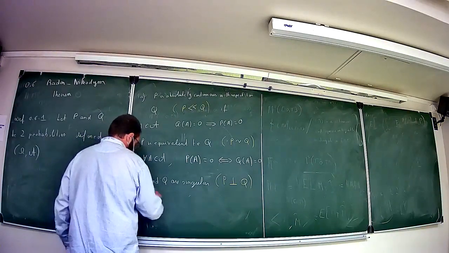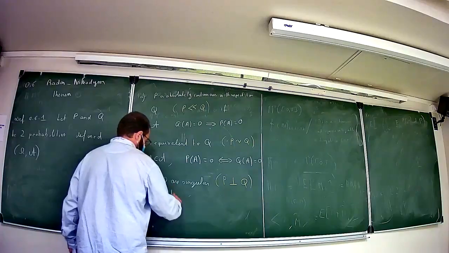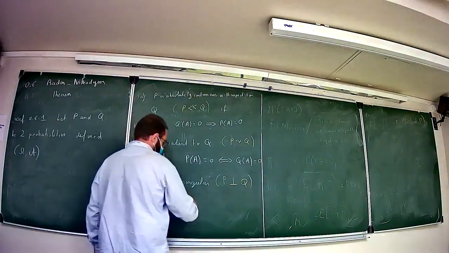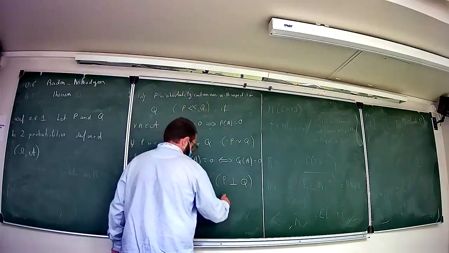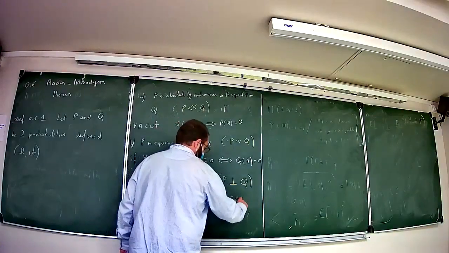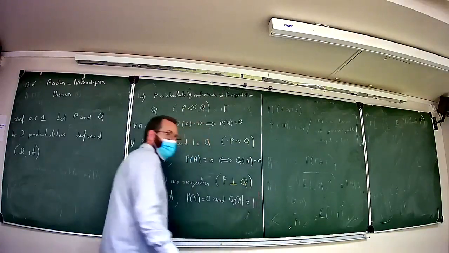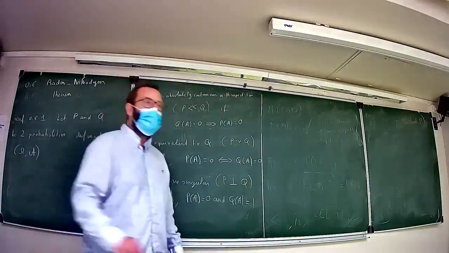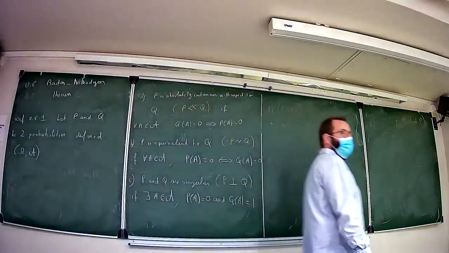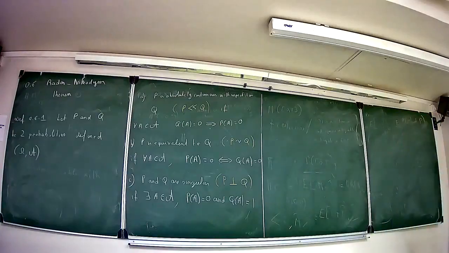If there exists an A belonging to calligraphic A, such that P of A is equal to 0, and Q of A is equal to 1. So something that is really different, okay? You have one set with probability 0 for one and 1 for the other. Okay?